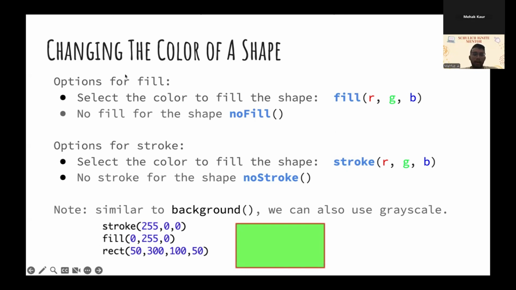So to change the color of a shape, you'd use fill RGB, which is red, green, and blue, and you can get any color you'd like.